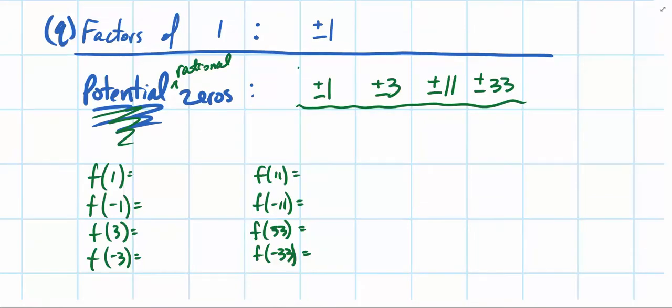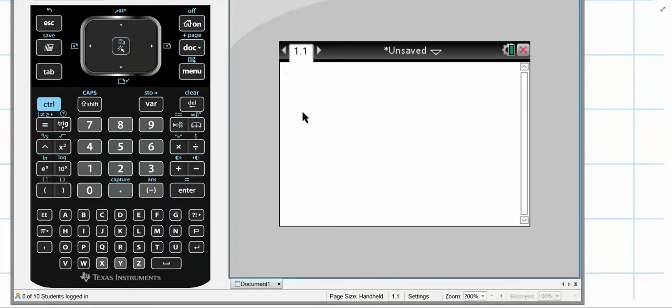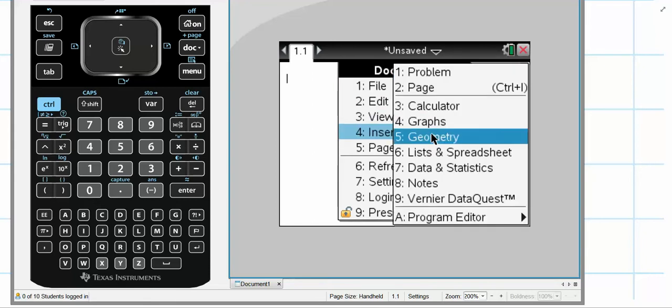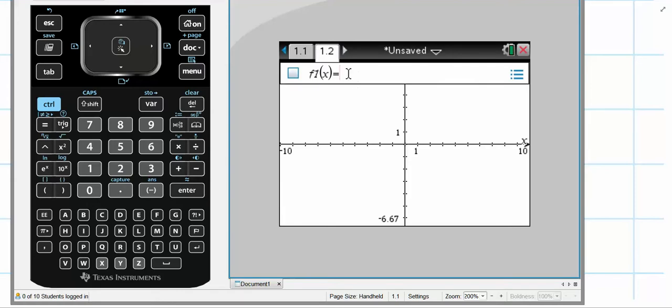So let me show you how I would use the calculator to make quick work of these calculations. I have a calculator page open, but I'd also like to introduce a graphs page. So I'll click this drop-down menu and select to insert a graphs page. And here's where I'm going to name my function.